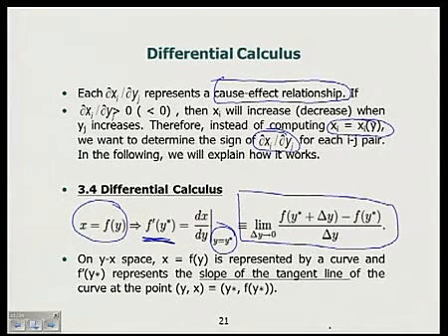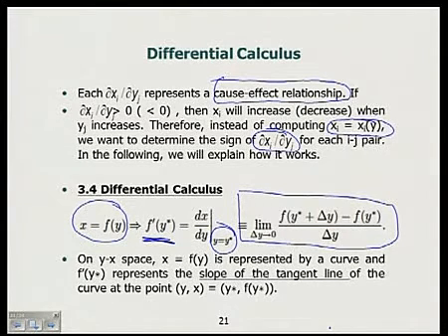And this is the limit as delta y approaches 0, then we have to build this quotient, f of y star plus delta y minus f of y star over delta y.